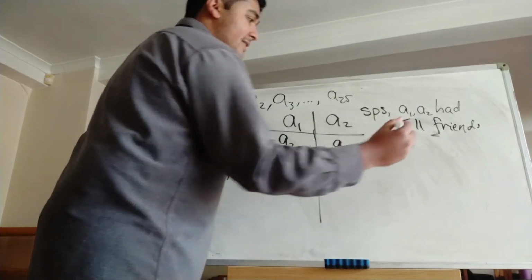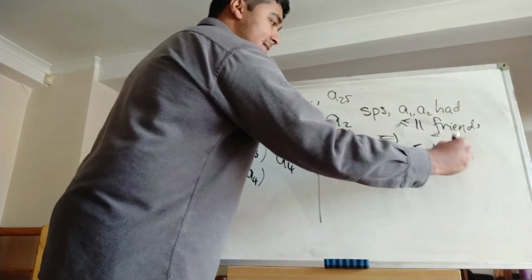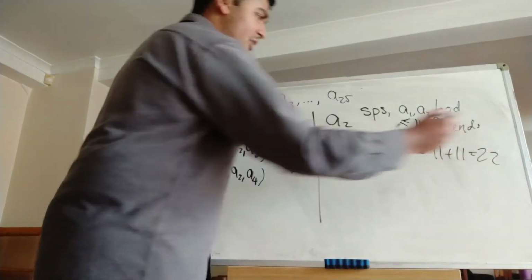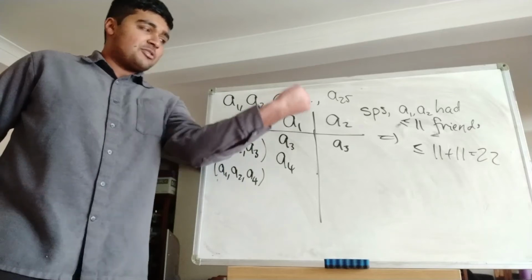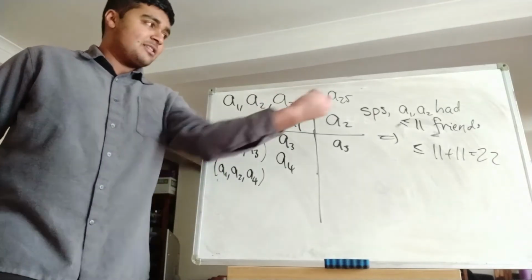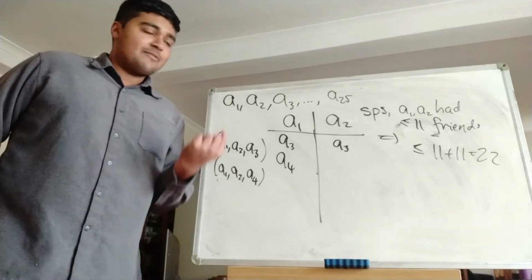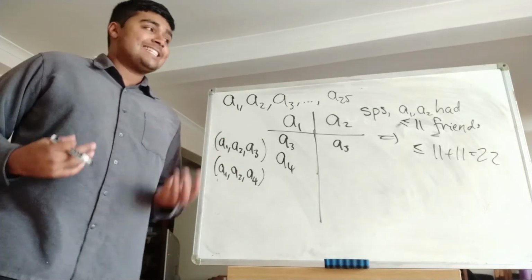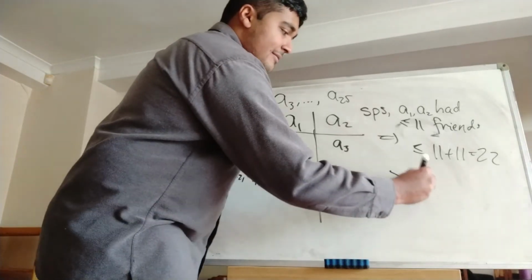Well, that would imply that this table would have less than or equal to 11 plus 11, which equals 22 rows, but that's not possible because there are clearly going to be 23 rows, each corresponding to A3, A4, A5, and so on, all the way up to A25. So that tells us that there must be at least one of A1 or A2 which has at least 23 over 2, so at least 11 and a half friends.